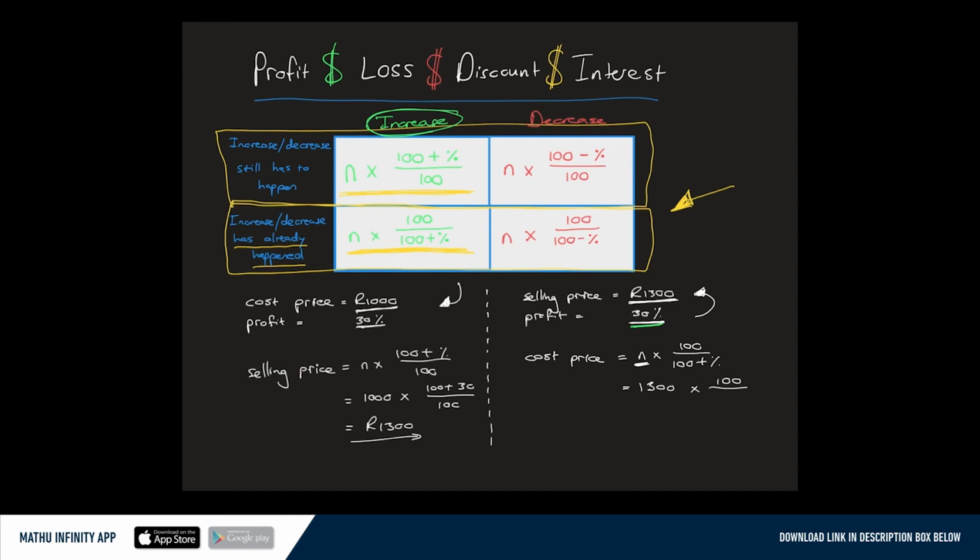I multiply it by 100 and I divide that by the 100 plus the 30% profit. And now I'll get a cost price of 1,000 Rand. I know now that this company bought a bicycle for 1,000 Rand. They added 30% profit, and they sold it to me for 1,300 Rand.